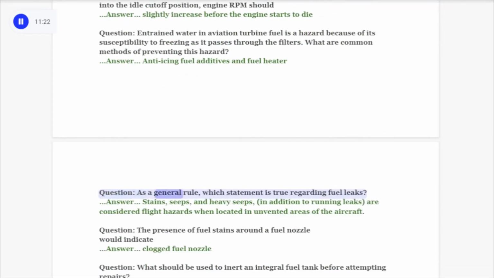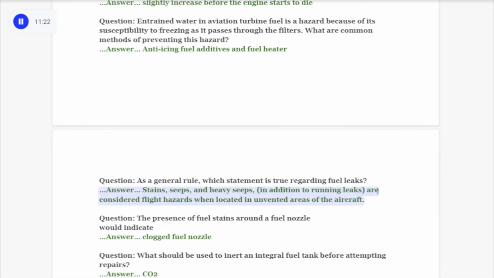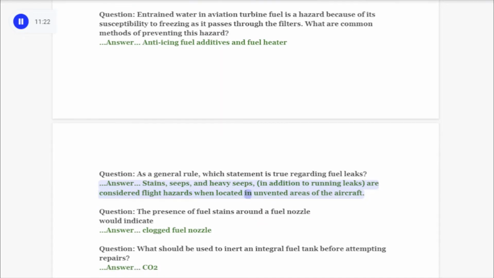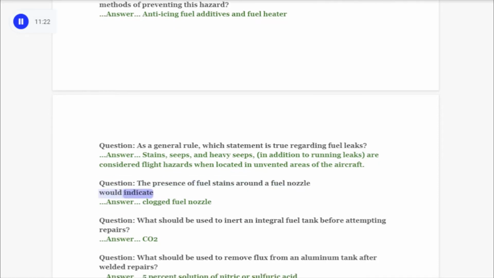Question: as a general rule, which statement is true regarding fuel leaks? Answer: stains, seeps, and heavy seeps, in addition to running leaks, are considered flight hazards when located in unvented areas of the aircraft. Question: the presence of fuel stains around a fuel nozzle would indicate?